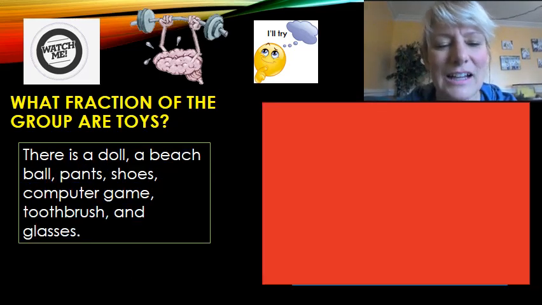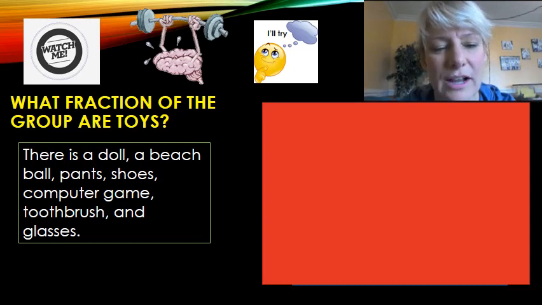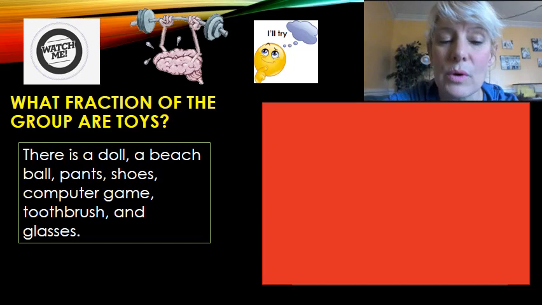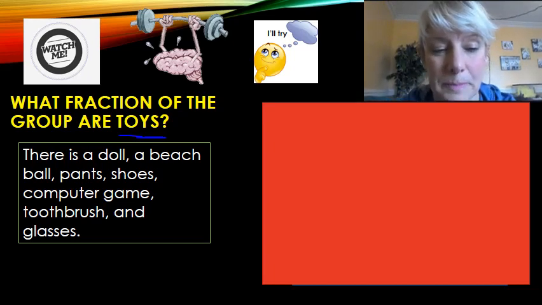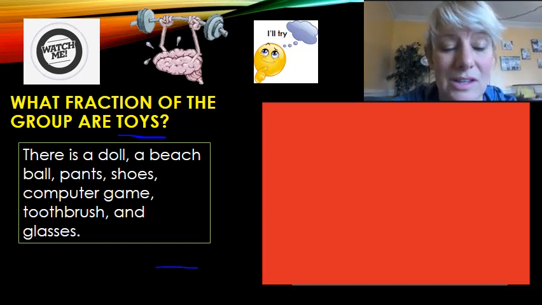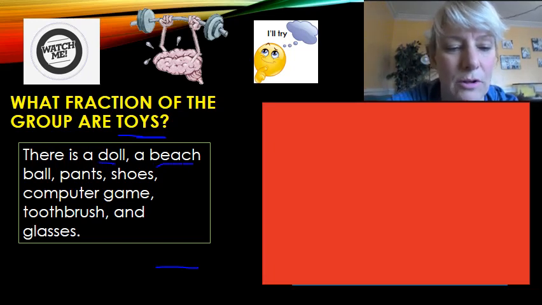All right, again, we're looking at another one that is the fraction of the group. We want to know what are toys. All right, so let's count our total to get the denominator. Let's see, we have a doll, a beach ball, that's 1, 2, 3, 4, 5, 6, 7.